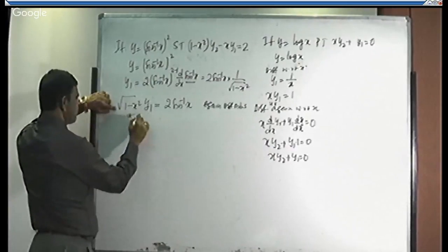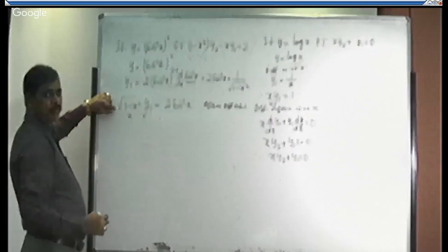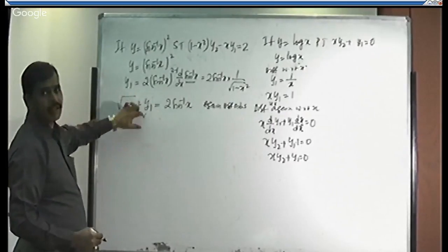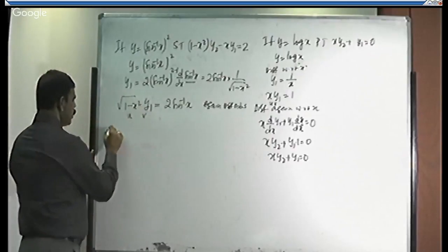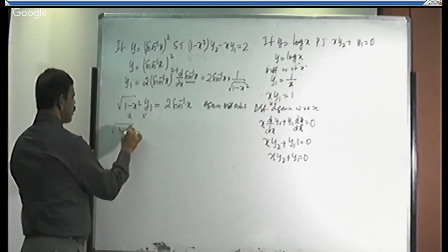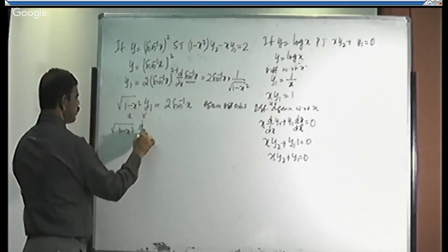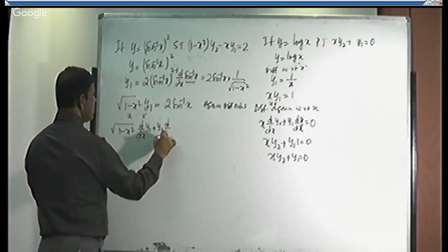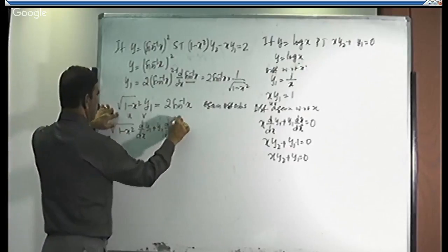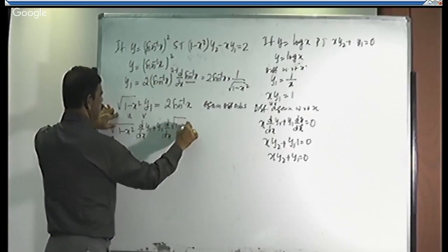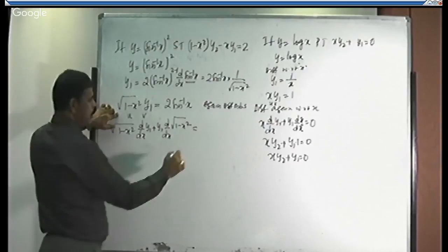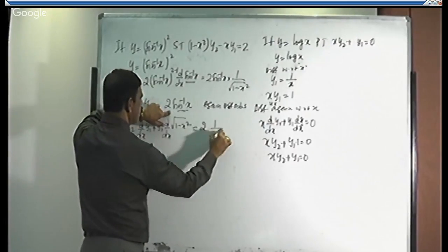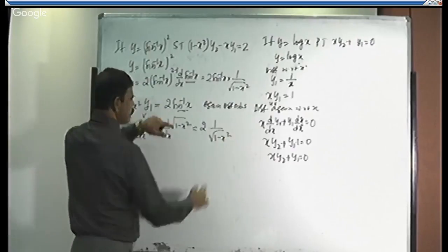It is in the form of product of two terms. Root of 1 minus x square into y1. Use product rule. Keep root of 1 minus x square as it is, d by dx of y1 plus y1 into d by dx of root of 1 minus x square is equal to 2 into differentiation of sine inverse x, which is 1 by root of 1 minus x square.